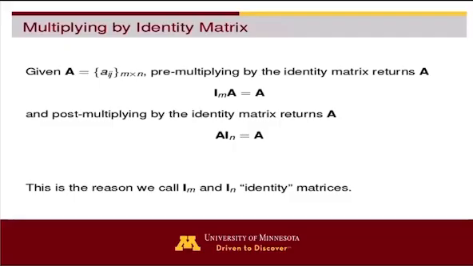So if I multiply a matrix by an identity, I'm still going to have that matrix. It's similar to multiplying 5 by 1. 5 times 1 is 5. 7 times 1 is 7. Multiplying a matrix by identity is going to give me that particular matrix, or multiplying identity by a matrix is still going to be the same.